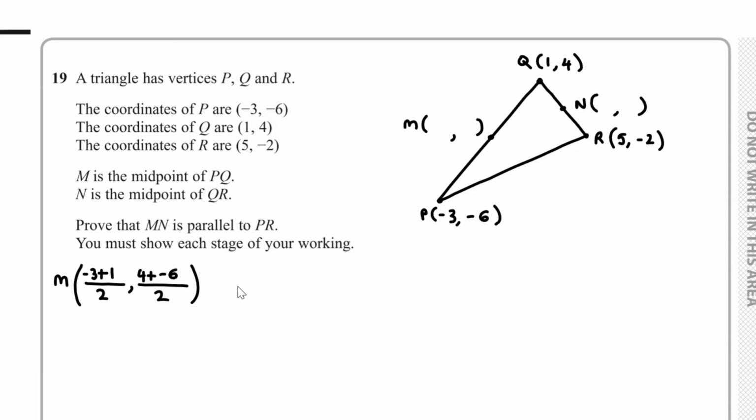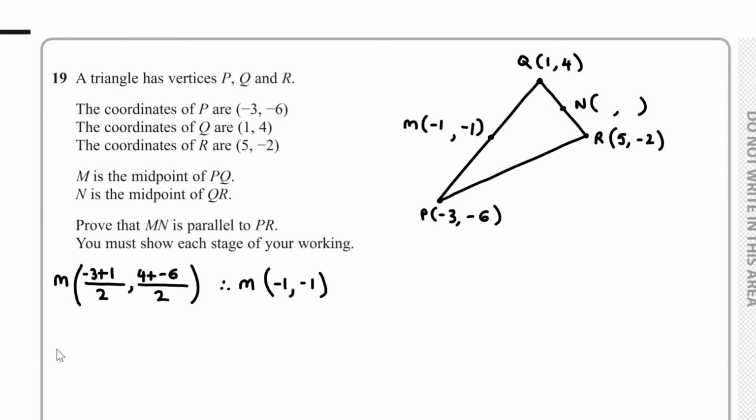So if we work this out, the coordinates of M are, on the top we get -2 over 2, which is -1, and the y coordinate will be -2 over 2, which is -1. So M has coordinates -1, -1.